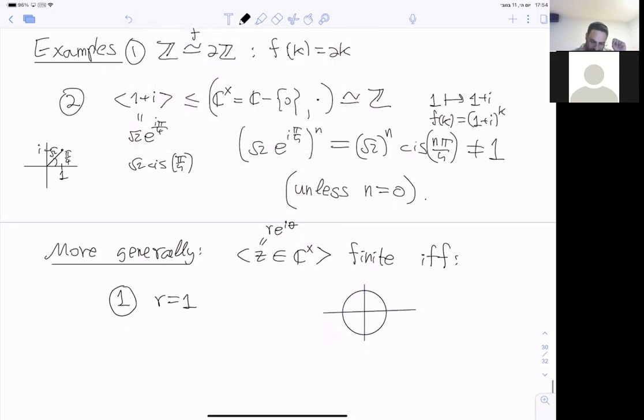For example, here we have z. How can we be sure? Theta should be between 0 and 2 pi. Let me write what you say: the ratio between theta and pi should be a rational number.